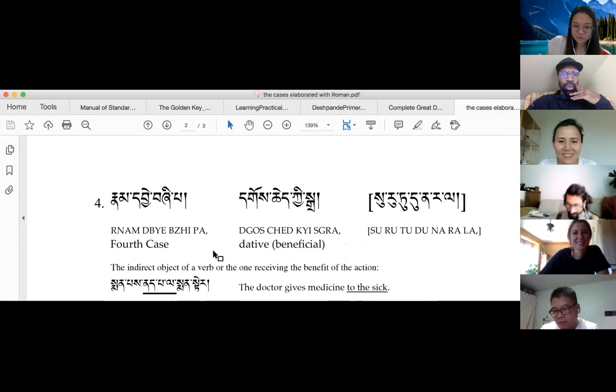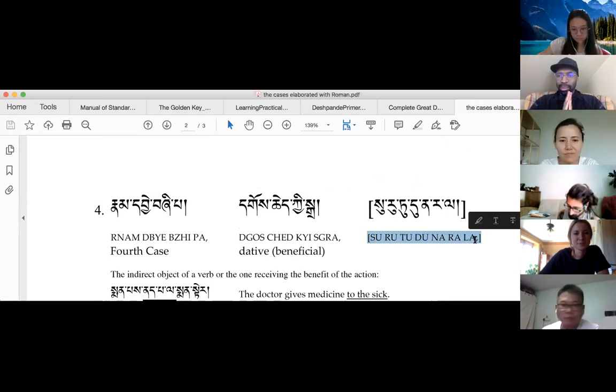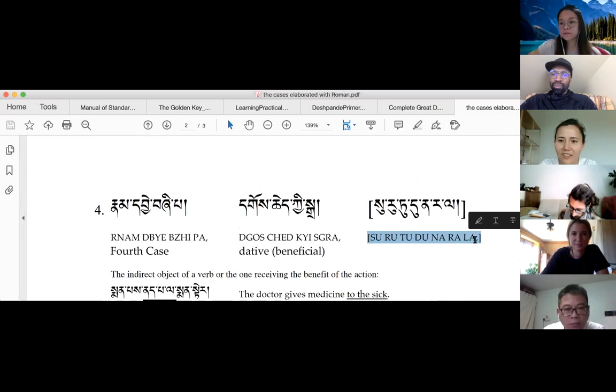Okay, so 4th case, again, so what is similar about the 4th case and the 2nd case? They are exactly the same ones. The same ones what? The same genjuk. No, these aren't the genjuks.